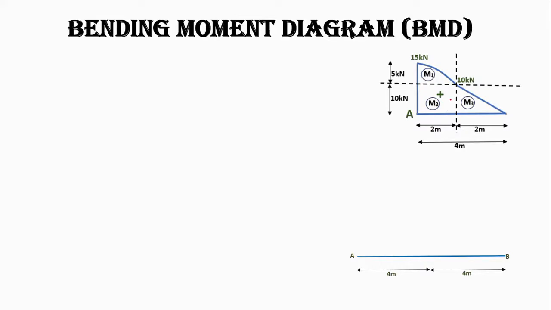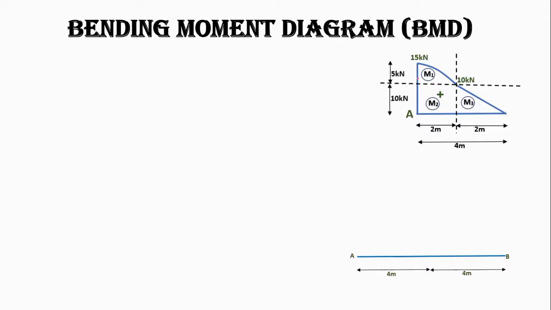Here you can see we have divided this region into 3 different shapes. The first one will be M1, and this is M2, and this is M3. M2 is the rectangular shape and M3 is the triangular shape, and M1 also looks like a triangle with parabolic height.